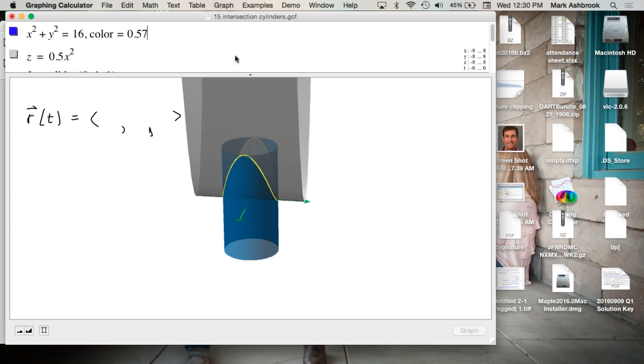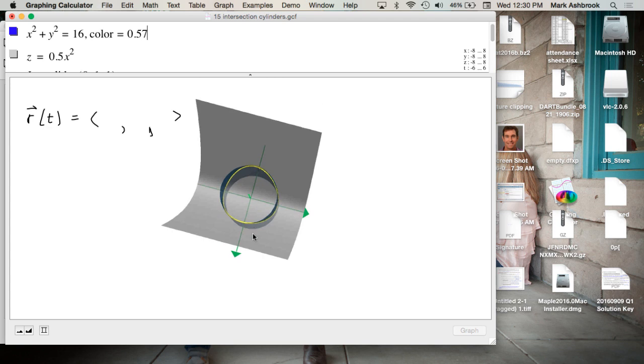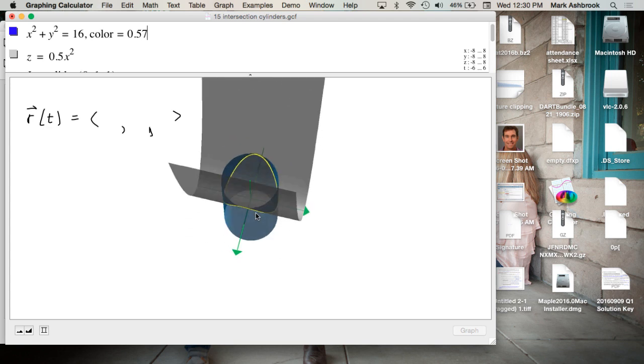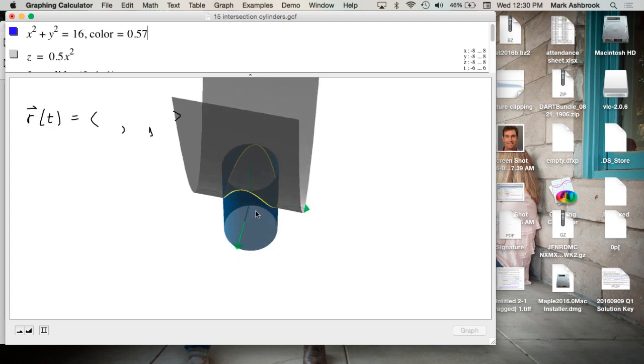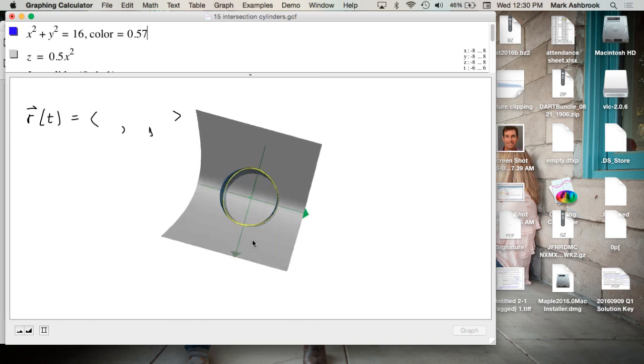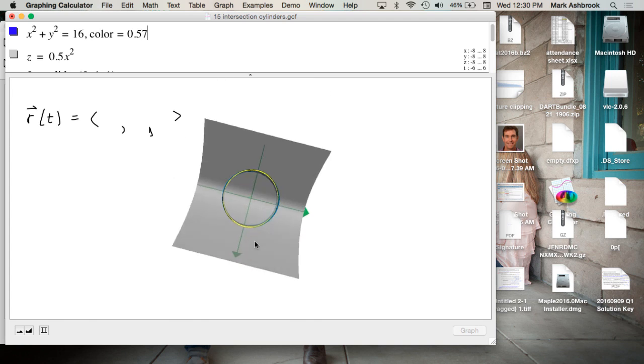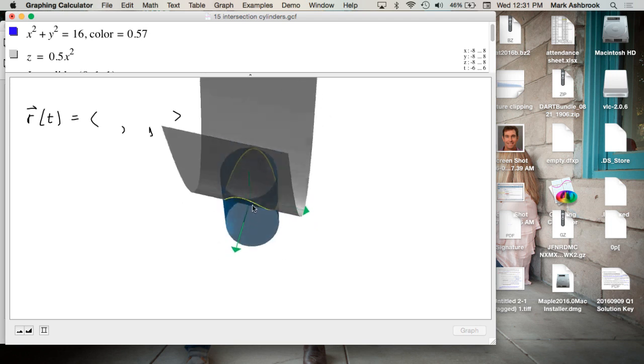What are we going to do? Again, what's the projection in the xy plane? Trevor, what are we going to do? Projection in the xy plane is a circle. Oh, you want me to do the cosine sine? I want all of us to do the cosine sine.